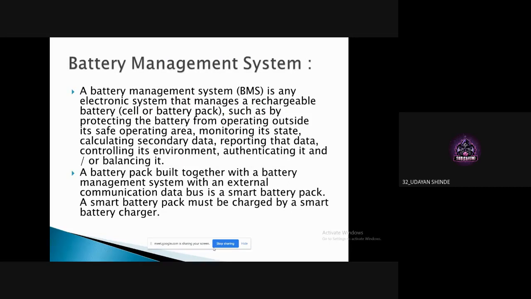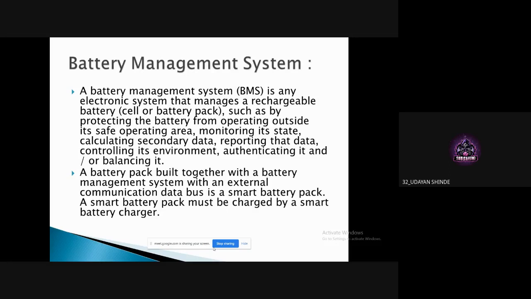Battery management system. A battery management system or BMS is any electronic system that manages a rechargeable battery, cell or battery pack, such as by protecting the battery from operating outside its safe operating area, monitoring its state, calculating secondary data, reporting that data, controlling its environment, authenticating it, and balancing it.